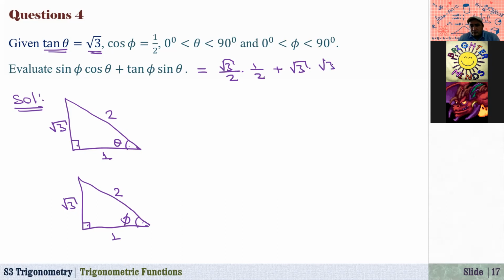Opposite side, square root of 3/2, which is equal to square root of 3/4 plus it is 3 multiplied by 2, it is 6/4. So that is 6 plus square root of 3/4. That is the exact value of this.